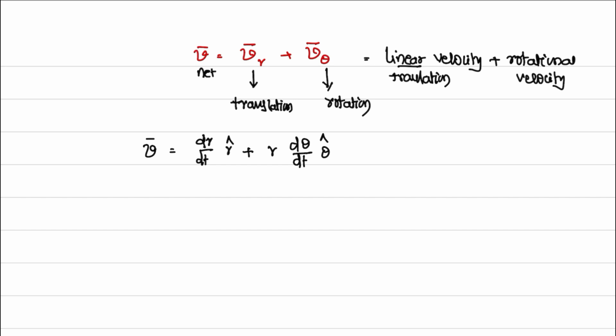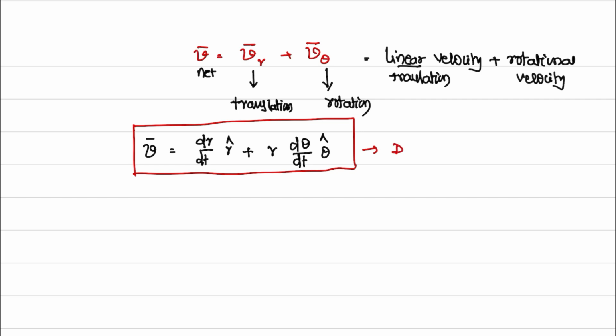This is the meaning of the equation of motion in case of rigid body rotation around a particular axis. The derivation we will be doing in the next class. It's very important to understand the derivation of it.